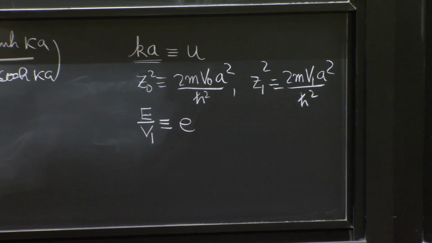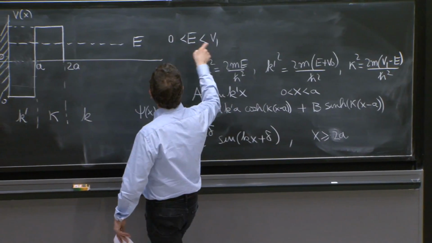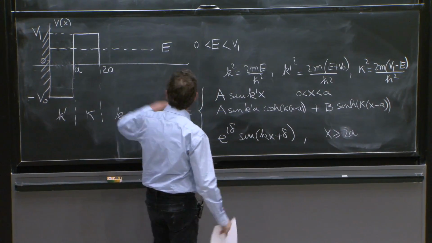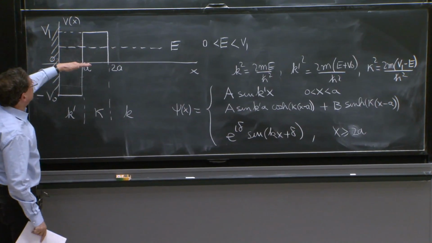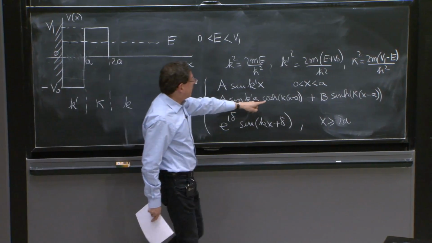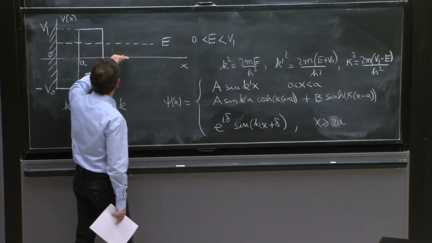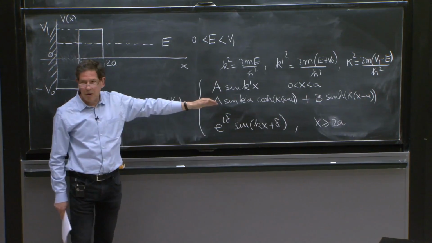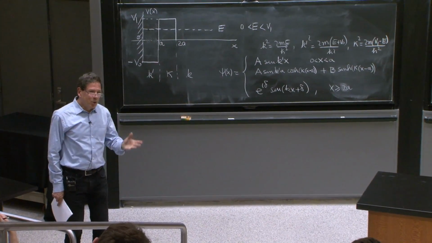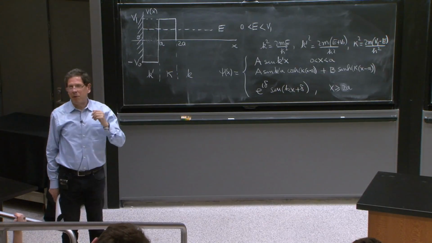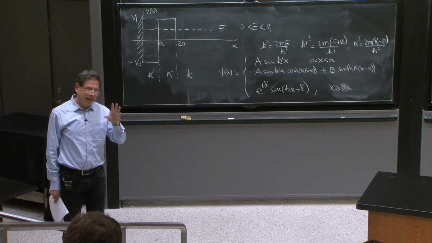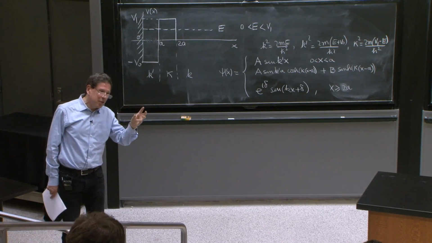And that's reasonable because this energy is compared always with V1. And we've solved this problem in the domain when the energy is less than V1. And that's why we have kappas here. And if energy was bigger than V1, we would have trigonometric functions everywhere. Now, you can switch from trigonometric to hyperbolic by analytic continuation, letting an angle become imaginary.